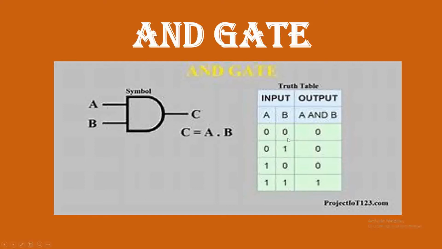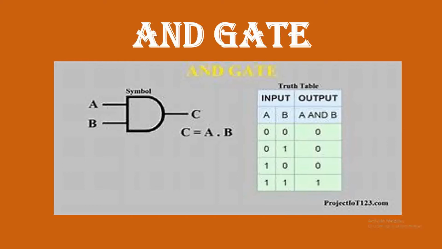Now, coming to the truth table. The truth table might look difficult, but honestly, it's very simple. Let me just give you the concept. All the inputs are the same. They will test the whole binary system: 0 and 0, then 0 and 1, then 1 and 0, and the last one 1 and 1. So it is the permutation of the binary system.